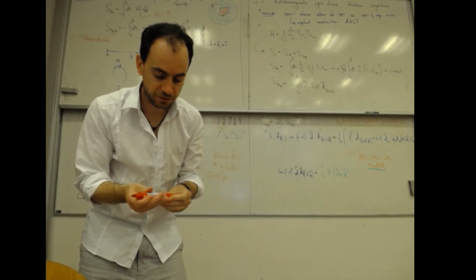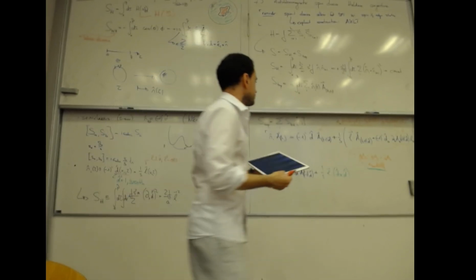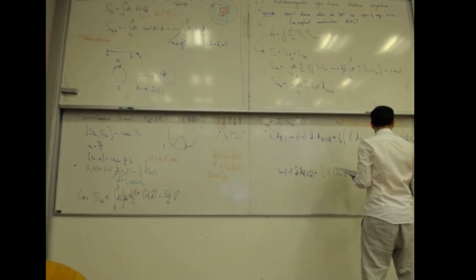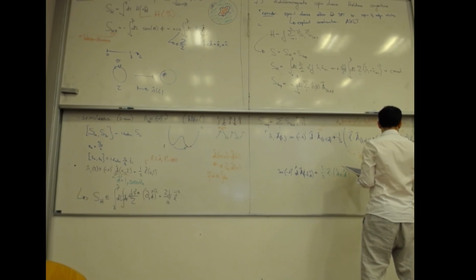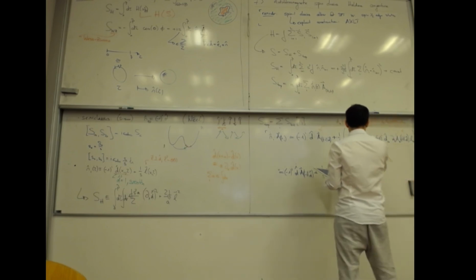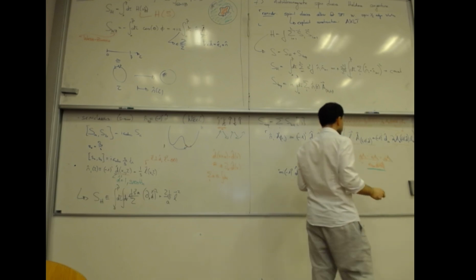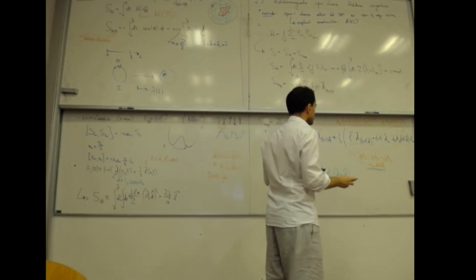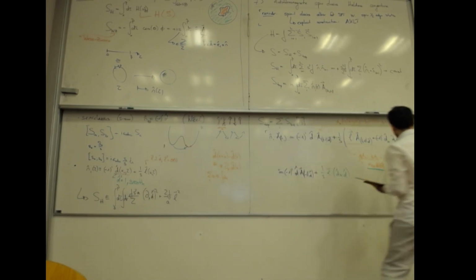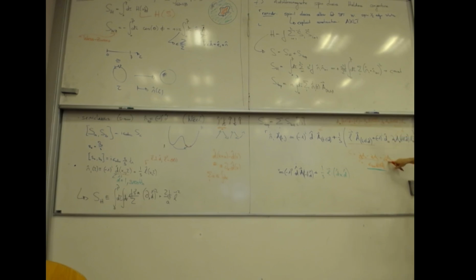And then there is the other term, which is this guy here, from here, and this one. But then you also see that here we have dA dot, and then partial A on A. Sorry, too many A's.